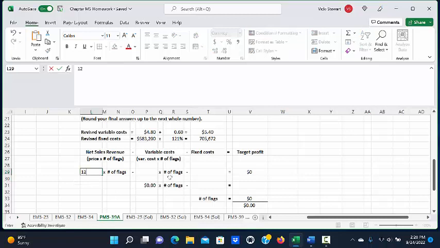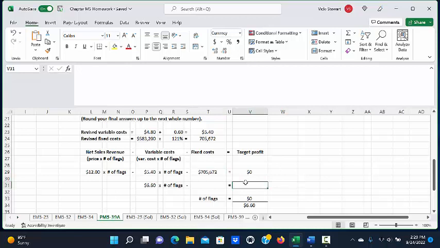So the price for each flag has stayed the same at $12, but our variable costs are now $5.40, and our fixed costs are $705,672. So again, we're going to solve for the number of flags that Crandall would have to produce in order to break even. We'll move our fixed costs to the right side of our equation. We have our new contribution margin of $6.60.